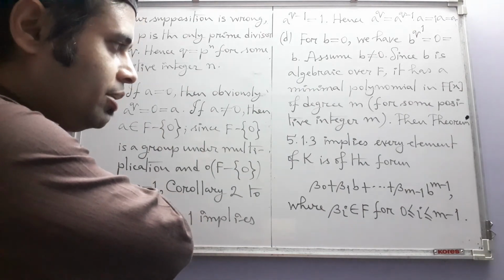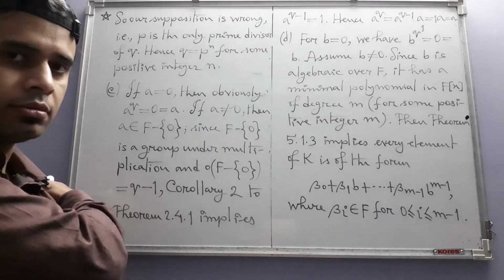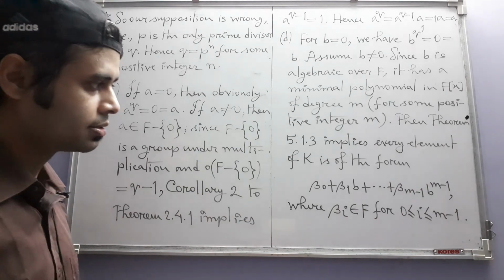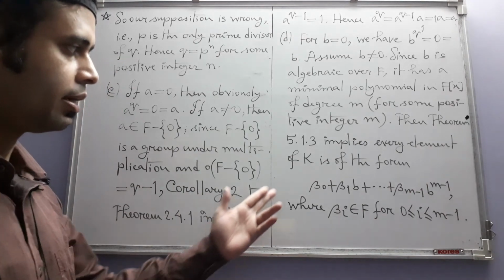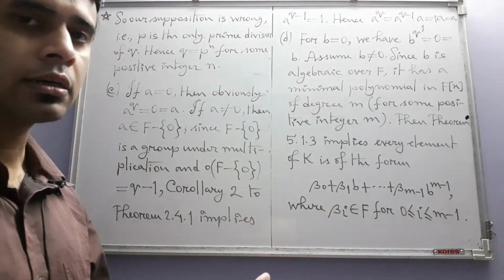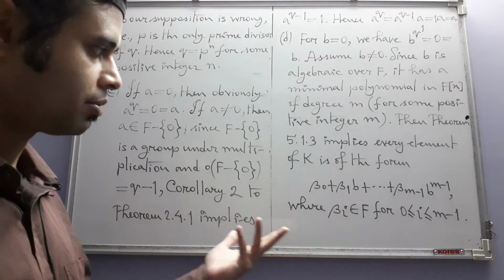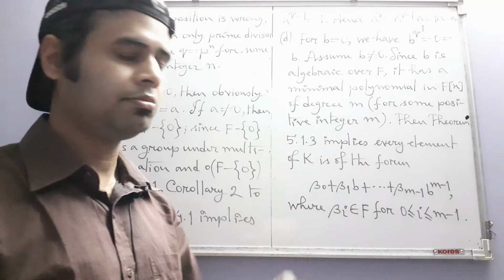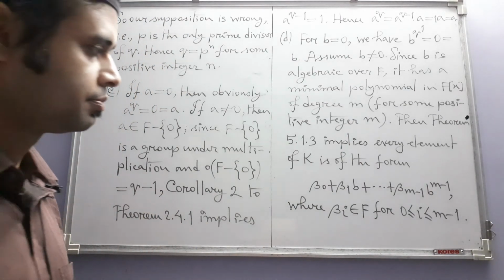Algebraicity of b over F allows us to express all the elements as linear combinations of powers of b, up to m powers.